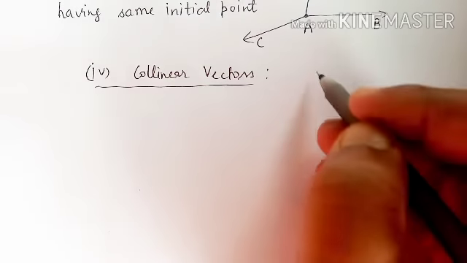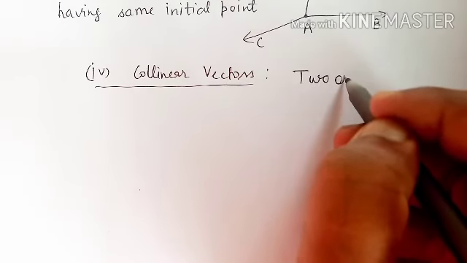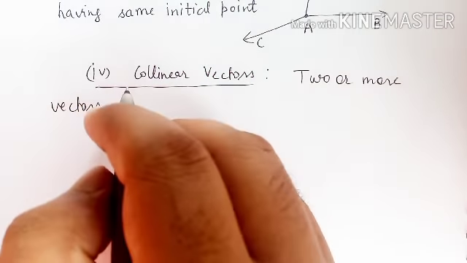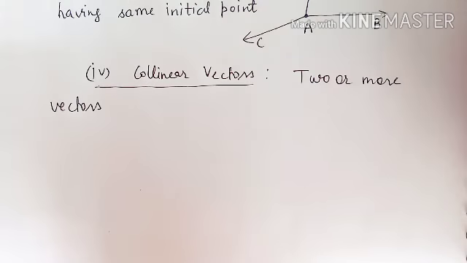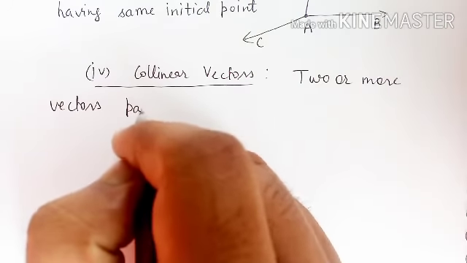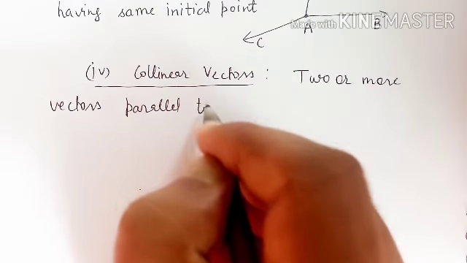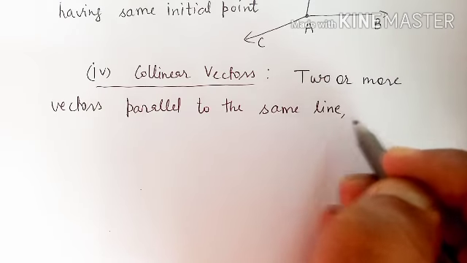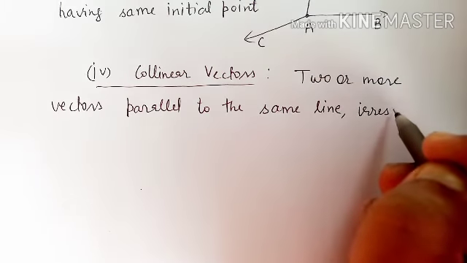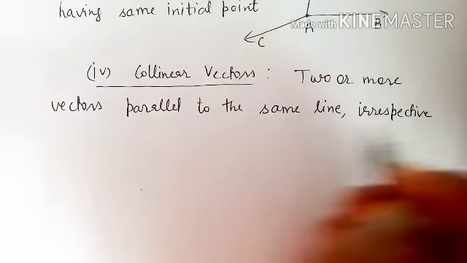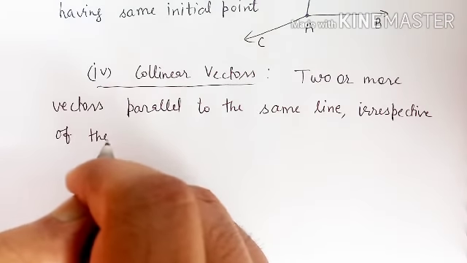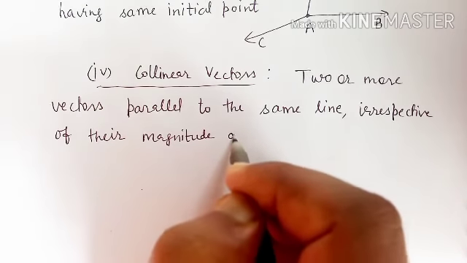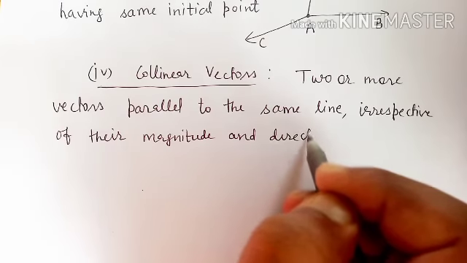Collinear vectors. Two or more vectors parallel to the same line, irrespective of their magnitude and direction.